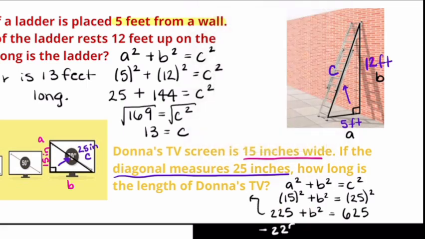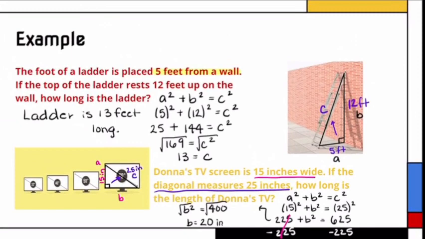So now from here, we're trying to solve for B. So subtract 225 from both sides, so we can cancel it out over here. So then B squared equals 400. Yes, that's 400. And now we take the square root of 400 to solve for B. And the square root of 400 is 20. Okay, so the length of Donna's TV is 20 inches.